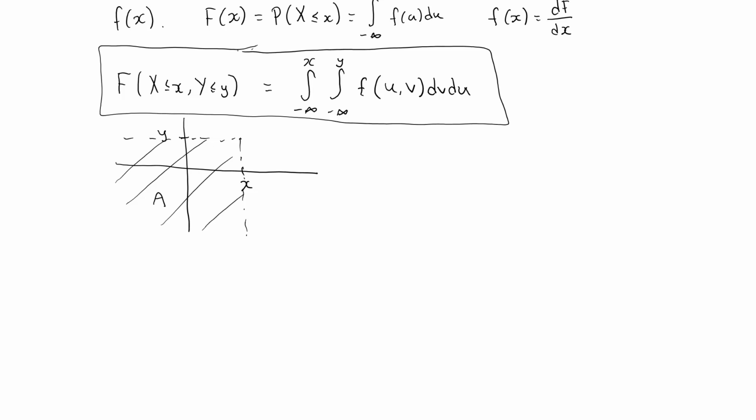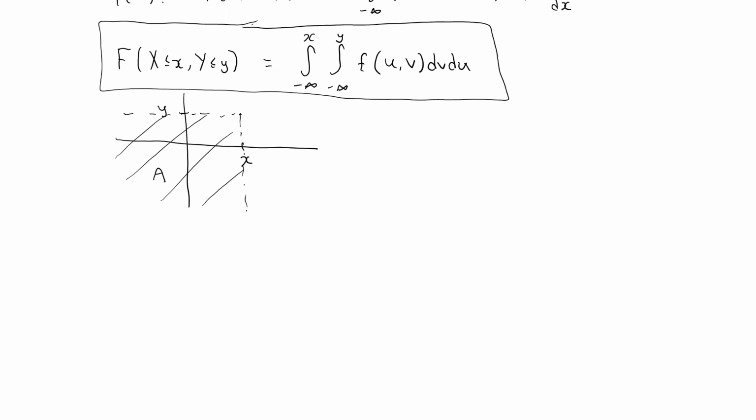If you differentiate both sides, first with respect to x and then with respect to y, the partial derivative becomes precisely f of x comma y. And this is how you get the joint PDF if you know the joint CDF.